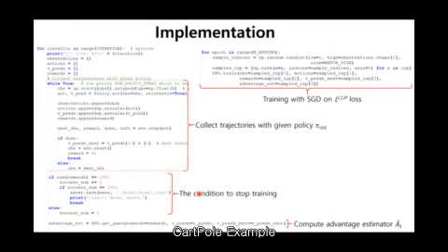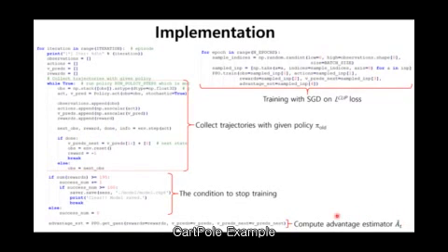Here is the implementation of this problem in Python. Here is a loop for the number of iterations. First, we collect trajectories with a given policy theta old, and then we collect the sequence of observations and rewards. Then we compute the advantage estimator AT.